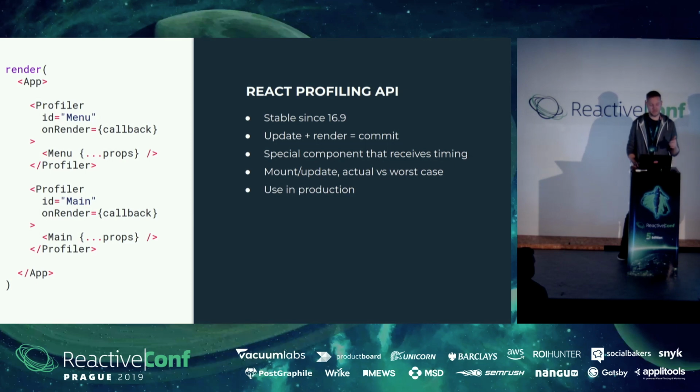Be it mount, be it update, whatever. It also includes an estimate for the worst case scenario, estimated by React itself, and based on the difference between the estimation and the actual time, you can tell how well you are using optimization techniques such as shouldComponentUpdate or memoization. So this is an interesting thing to keep an eye on.